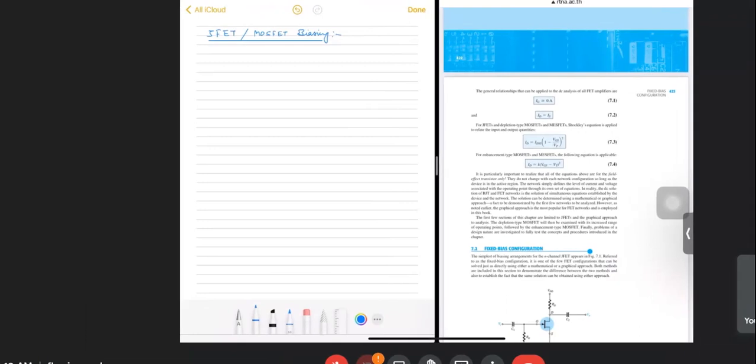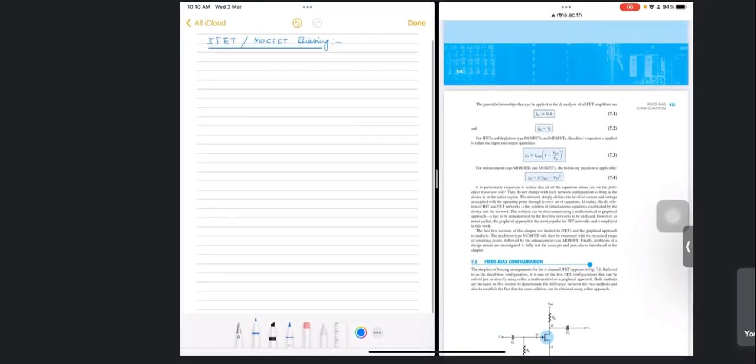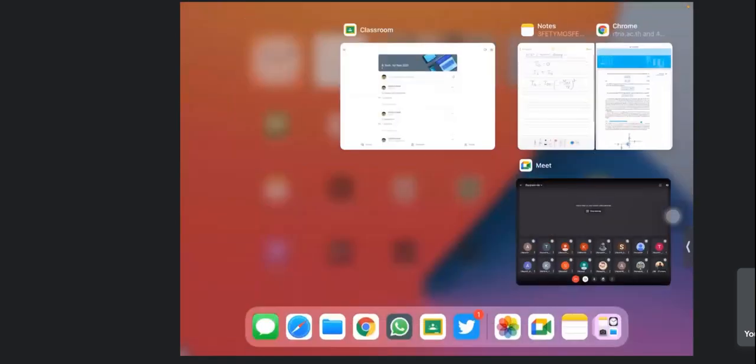So if we talk about FETs, let us come to the currents. Gate current is 0. Drain and source currents are equal. And ID, we know, is IDSS times (1 minus VGS by VP) whole square.